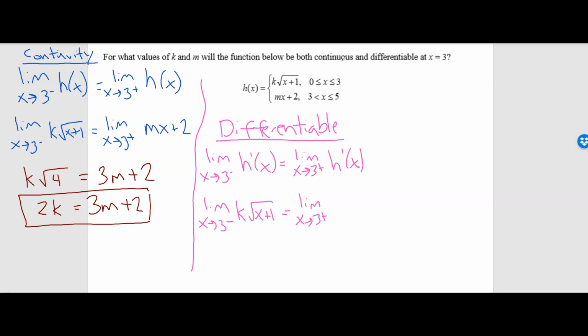I need to make sure I put my derivative symbol there. Let's go back. Can you take the derivative of this function? And the derivative of mx plus 2.